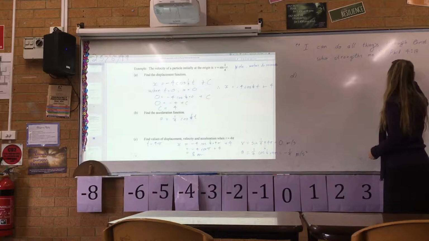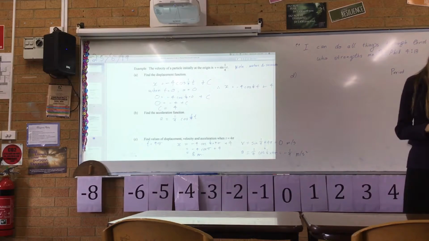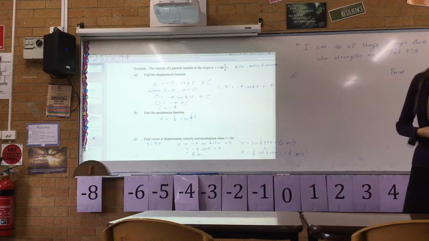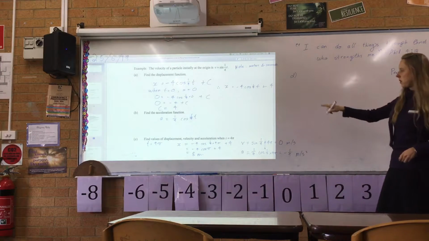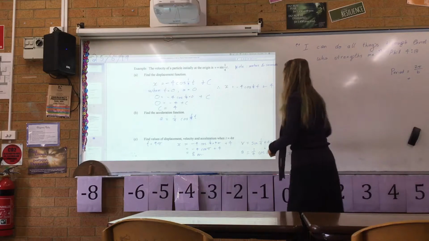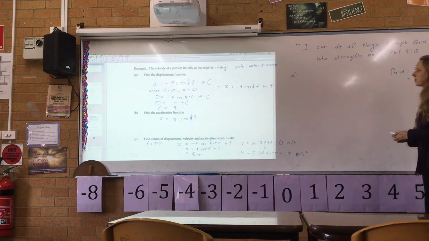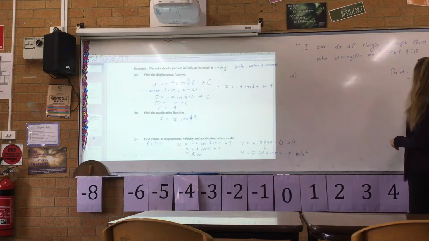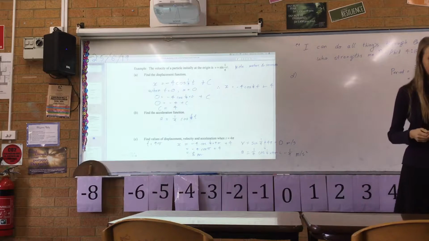The period for cos and sine is 2 pi over b. What is b in this case? b is a quarter. So the period is 8 pi. So it takes 8 pi to do that.